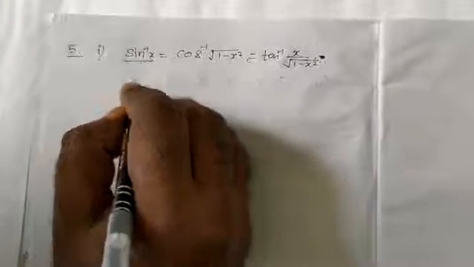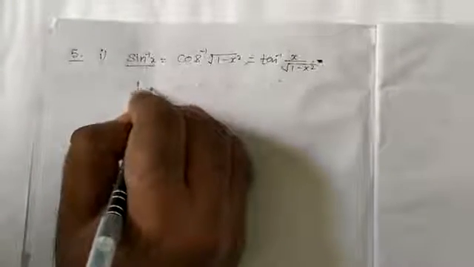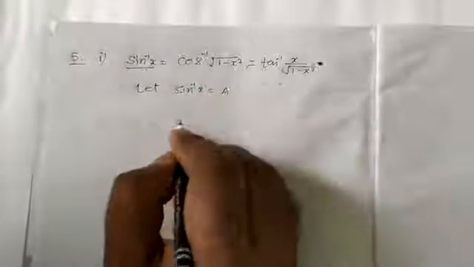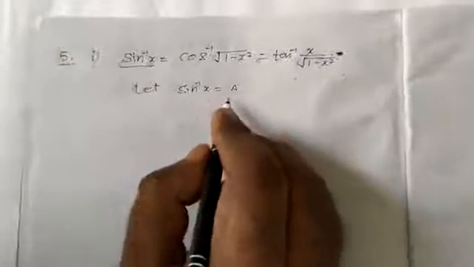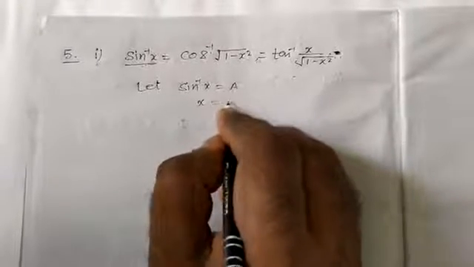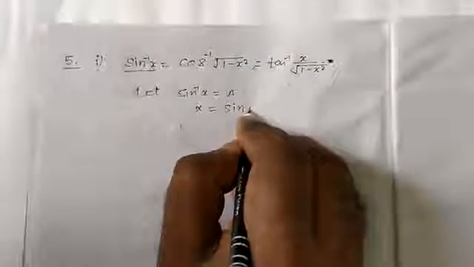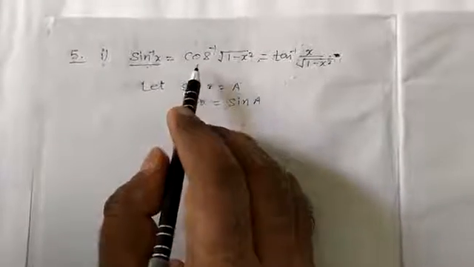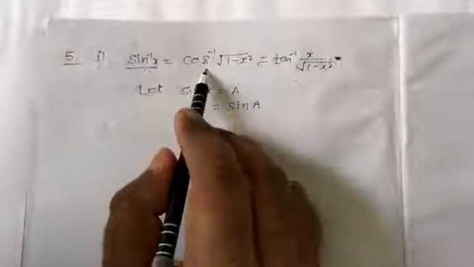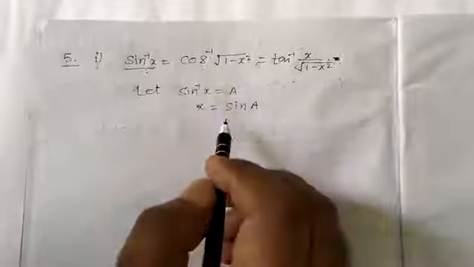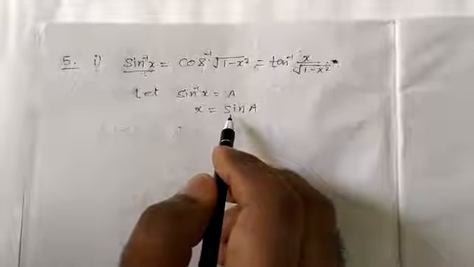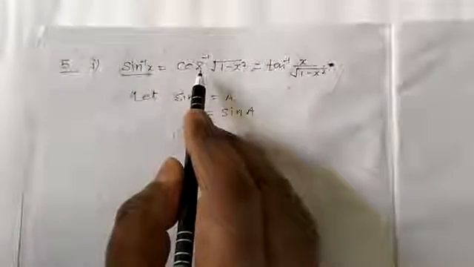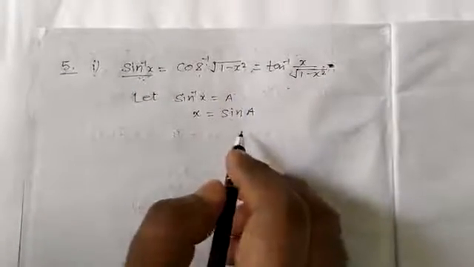To convert this, we consider sin inverse x equals A. If sin inverse x equals A, from here you can write x equals sin A. But we have to convert this sin inverse x into cos inverse first. From here you have to find the value of cos A to convert sin inverse x into cos inverse. Now find the value of cos A.